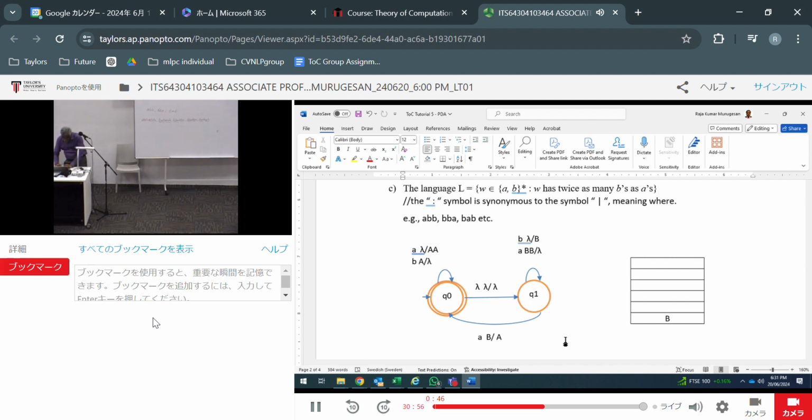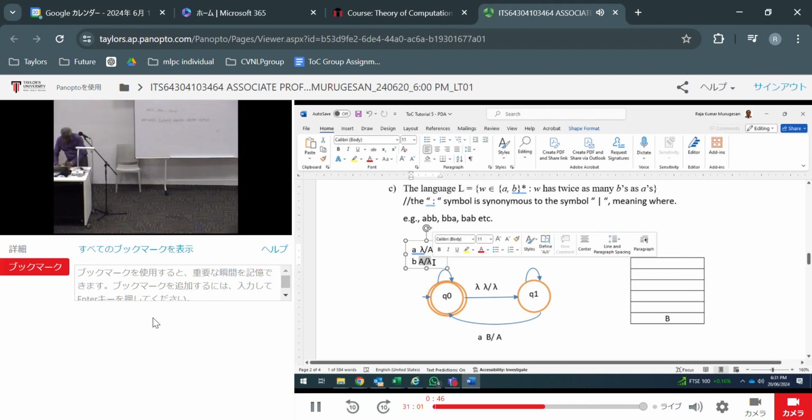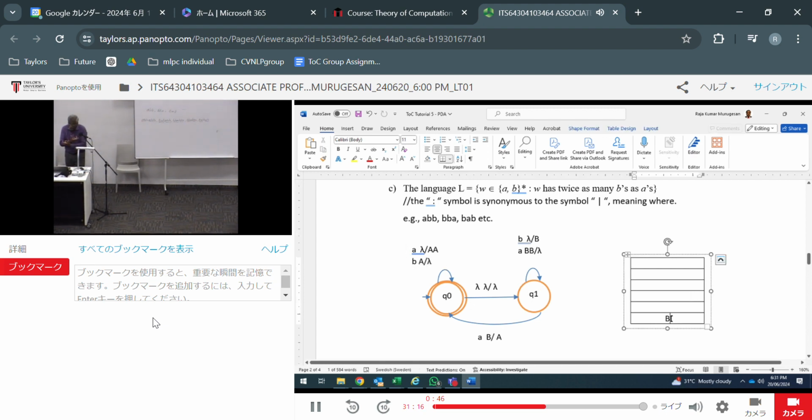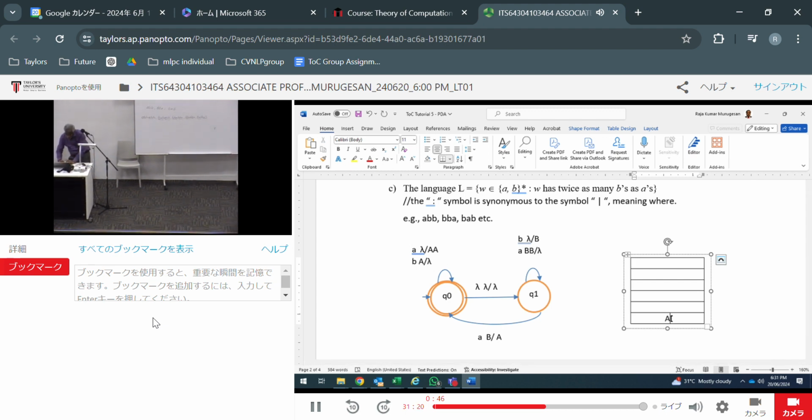Here, A means currently at the top of the stack we have a B, so you replace it with A. So I go from Q1 to Q0, processing this A by replacing this B with an A. We are not pushing or popping; we are reading B and writing A. This is the new instruction.